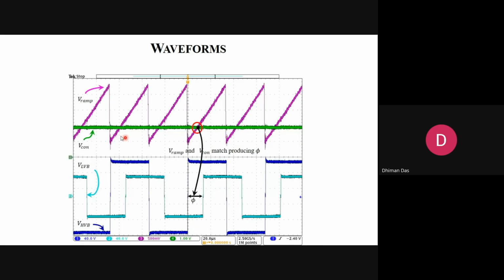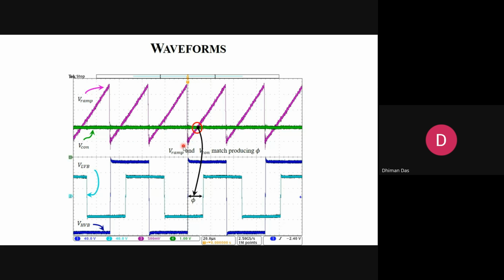Okay, now see, this is the voltage ramp. I think Mr. Jadhav is asking about that. You can assume this low amplitude to be 0 and this to be 1.